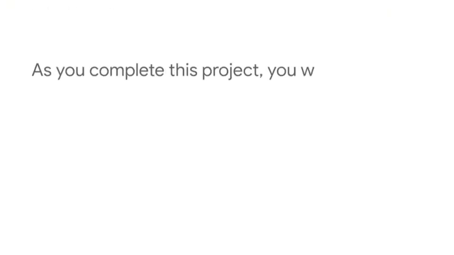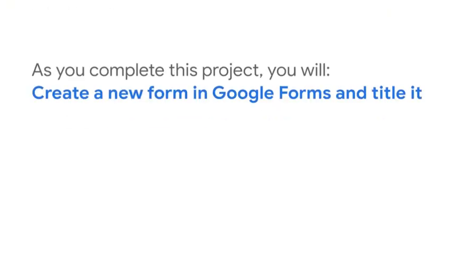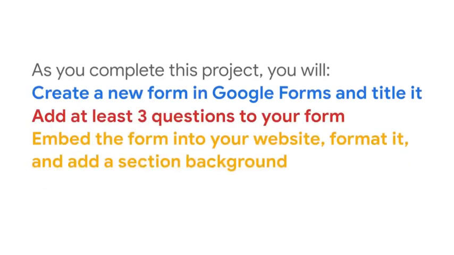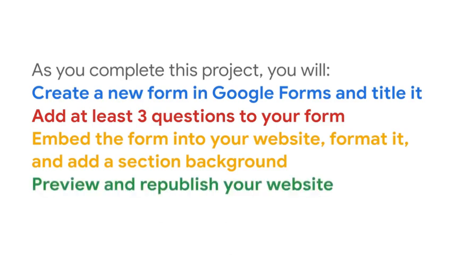As you complete this project, you will create a new form in Google Forms and title it, add at least 3 questions to your form, embed the form into your website, format it, and add a section background, and preview and republish your website.